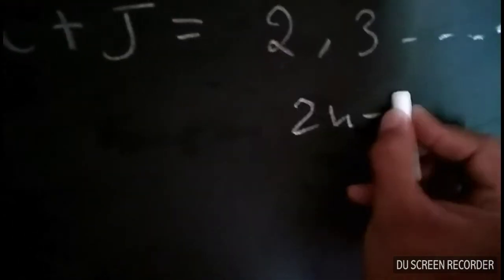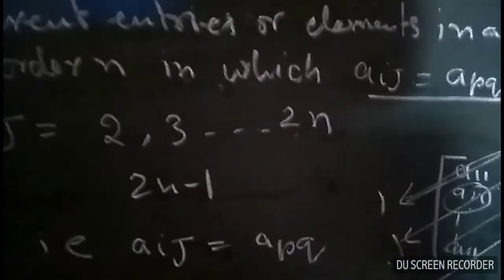Then clearly the number of distinct entries is 2n minus 1, because each diagonal has only one entry. We see this from the given condition, if Aij equals Apq, that is the given condition in the question.